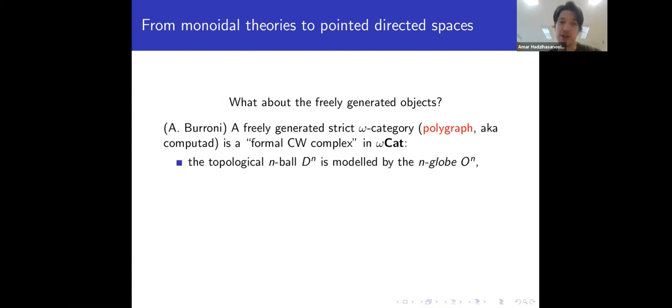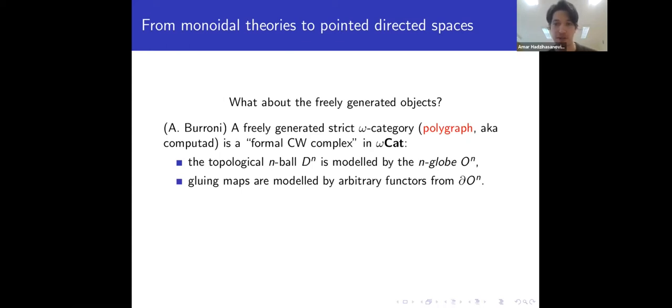As long as we allow the topological n-ball to be modeled by the n-globe, the strict n-category which models n-cells, and we let the gluing maps be modeled by arbitrary functors from the boundary of the n-globe.